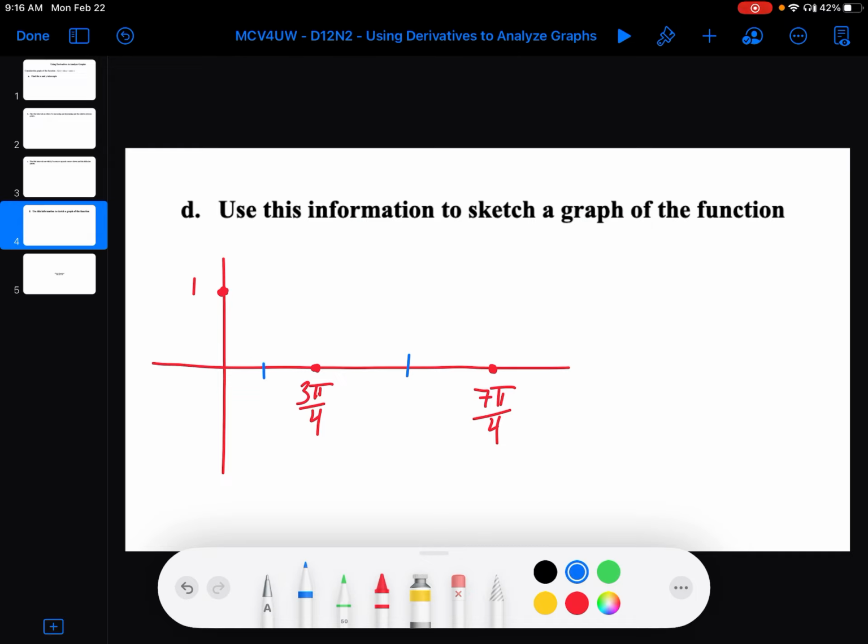So we've got our relative extrema. We can kind of see where the graph's going to be. We know that it is increasing here, it's decreasing here, and it's increasing here. I've kind of cheated and put those where they're going to be, but that doesn't matter.